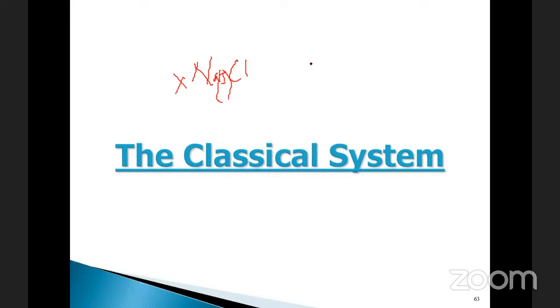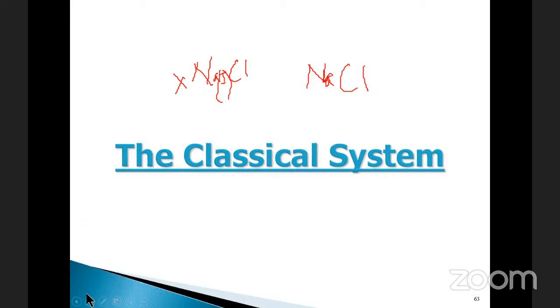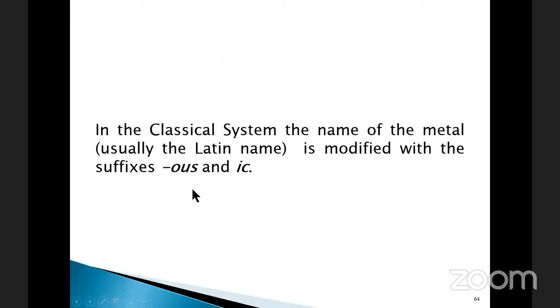It's simply NaCl. I'm sorry for how this looks, folks. That would be the formula for sodium chloride. I just thought I should show you that so that you understand when to use the Roman numerals.